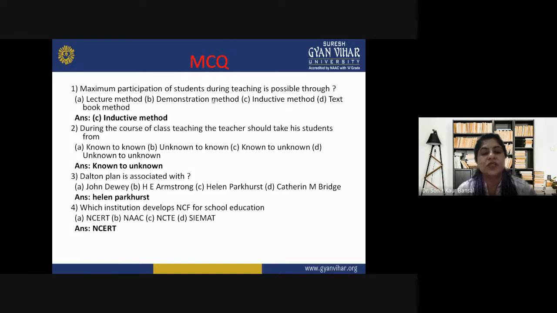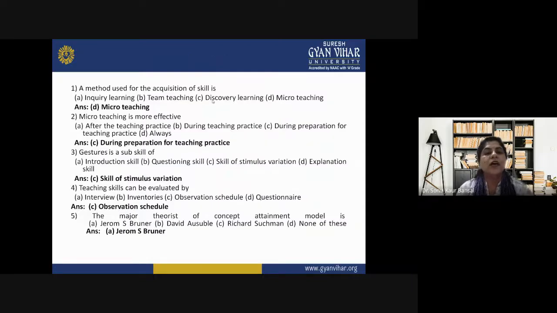Which institution develops NCF for school education? NCERT, NAC, NCTE, or SIE? So the correct answer is NCERT. Now, a method used for the acquisition of skills is inquiry learning, team teaching, discovery learning, or micro teaching.